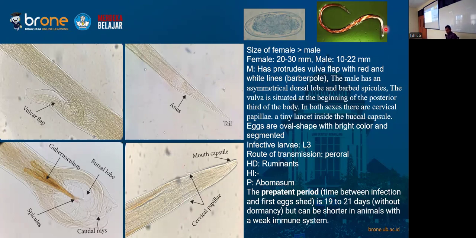Because Haemonchus is a bloodsucker, a blood-sucking worm. So in their intestine there is so much horse blood, and the white color is their uterus. So the color is white and red, and we call it barber pole, like in the barber.